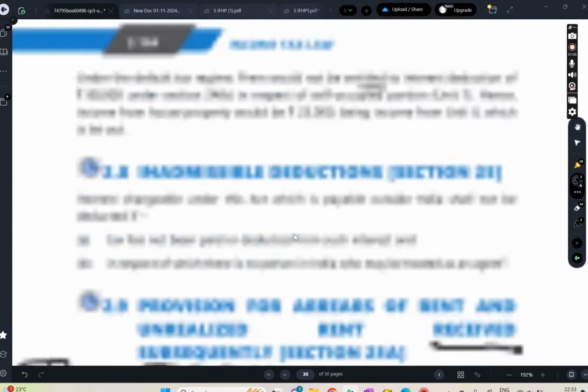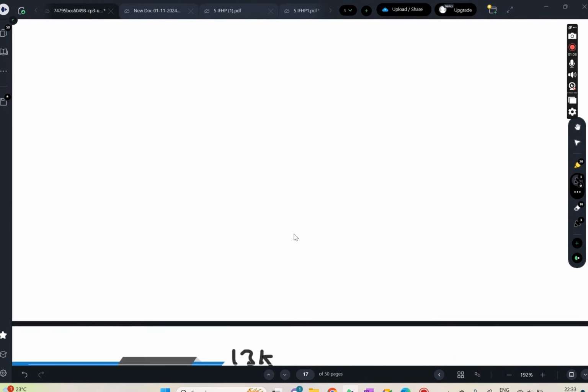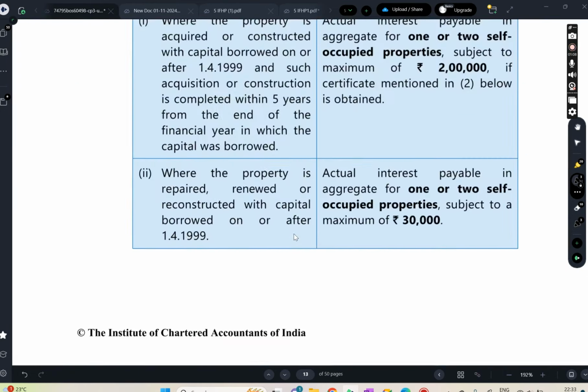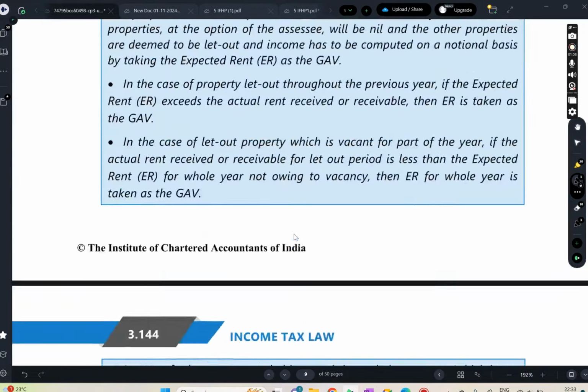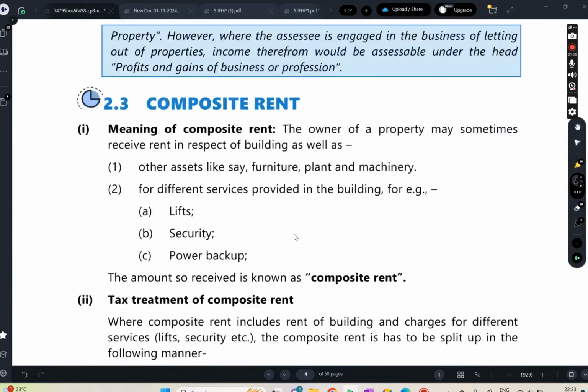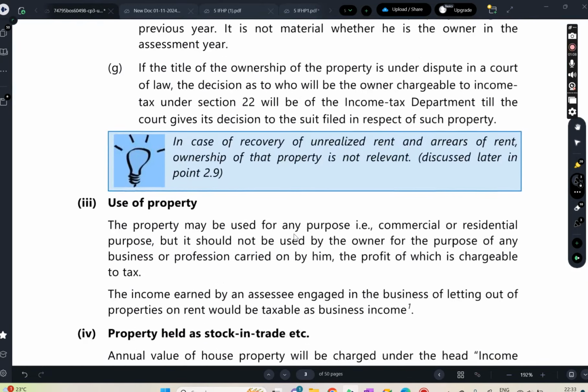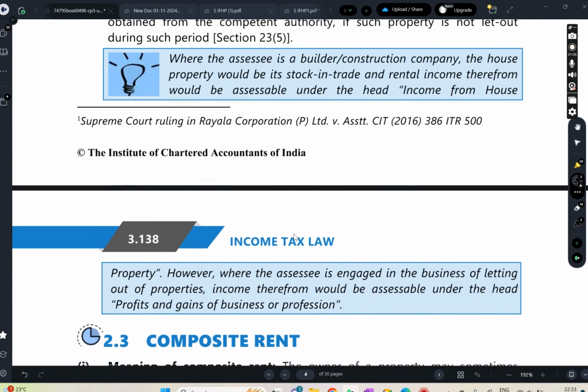So pretty much we have covered all the concepts in income from house property. Now what I want you to do is, if you want, I can send this PDF. There is another problem. We have done only illustrations. There are practical problems also. I want you to complete this.